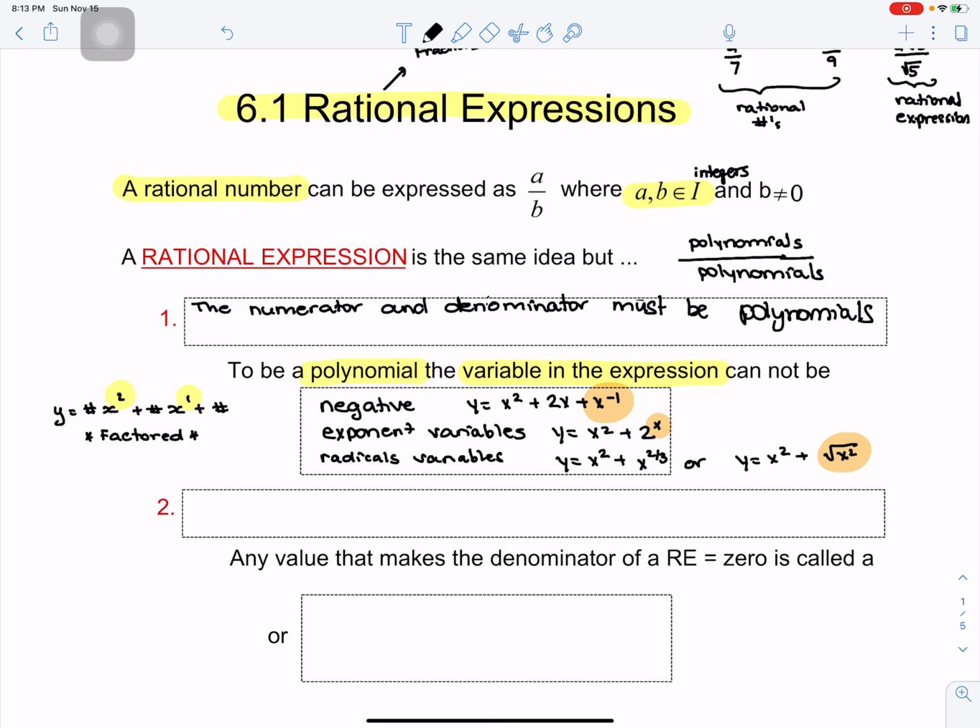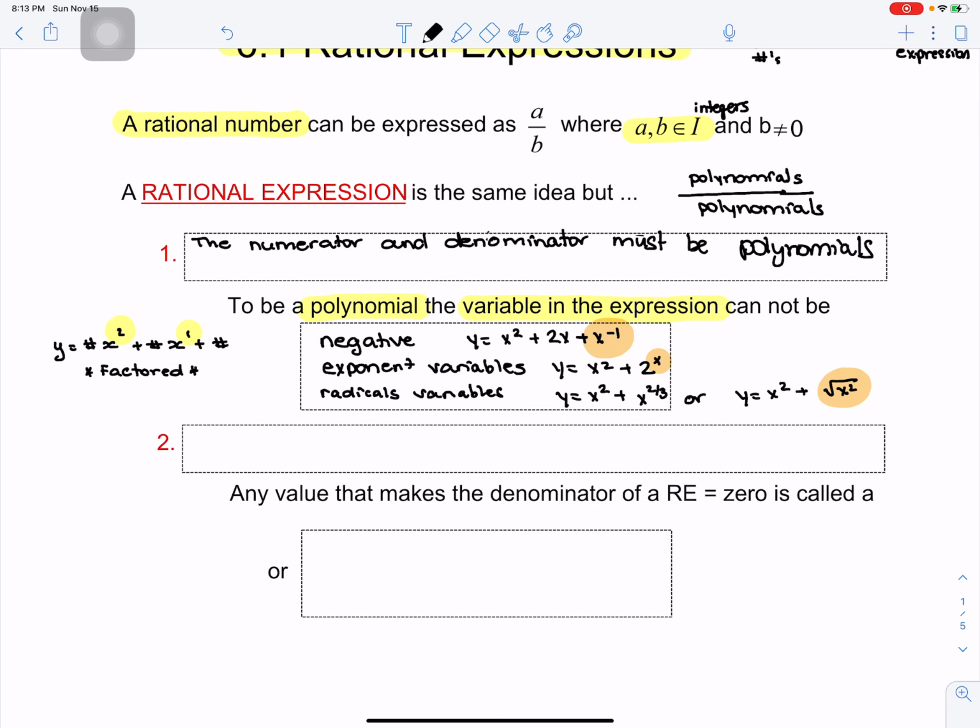Now, basically, anytime you deal with rationals, you can't have the bottom of the rational or the fraction be 0. So I'll just say denominator cannot equal 0 because that's problematic. Now this step will help us to find something we call a non-permissible value, or an NPV.